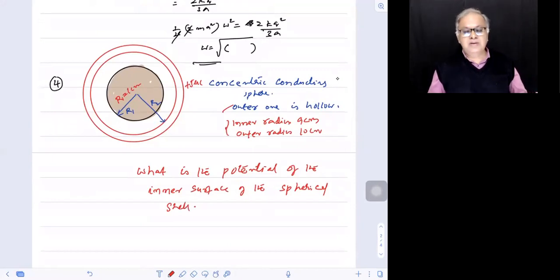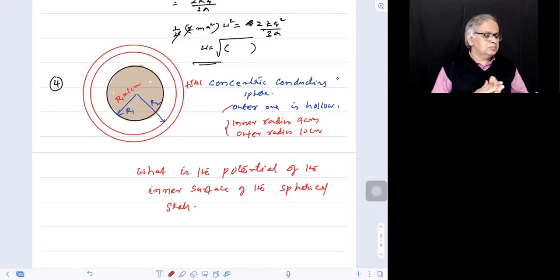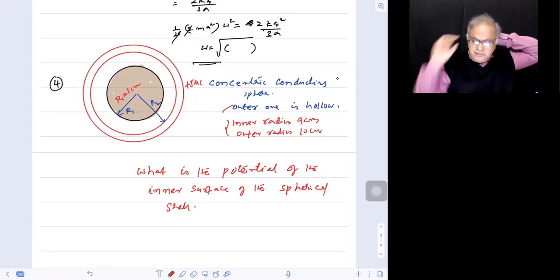Once again, let's remember, if you don't start doing it, you don't get it. See, the net charge on the shell is what? 5 microcoulombs.